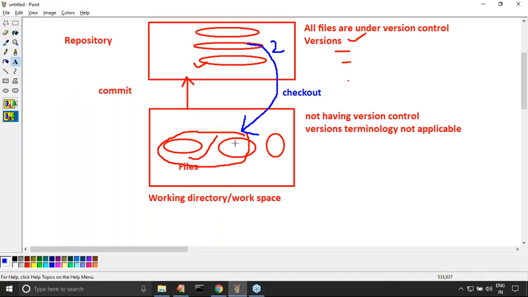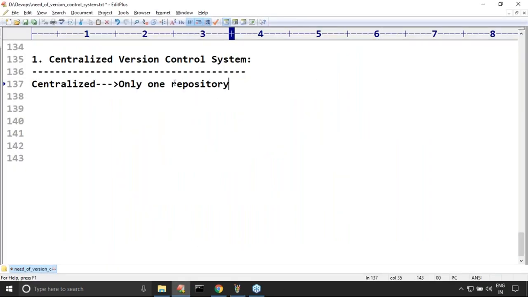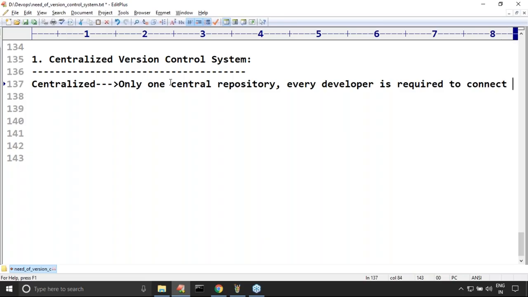Working directories may be multiple, no problem at all, but this repository will be only one central repository. Every developer is required to connect with it to continue his work.